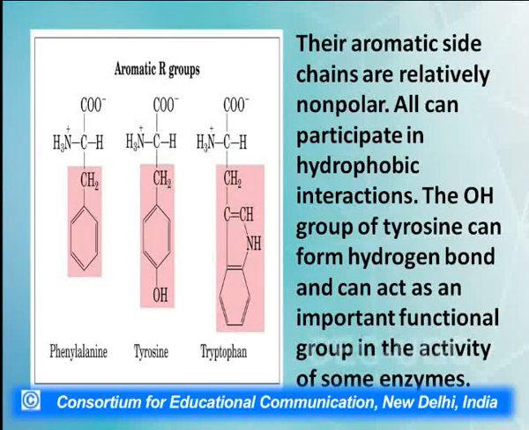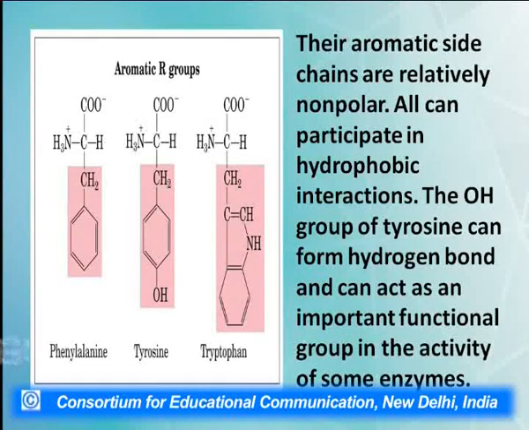Now this tyrosine is considered to be a derivative of phenylalanine, and it has a phenolic side chain. Since it has a phenolic side chain, that is, it has an OH group in the tyrosine molecule, this molecule is capable of forming hydrogen bonds, and it plays an important function in the activity of some enzymes.